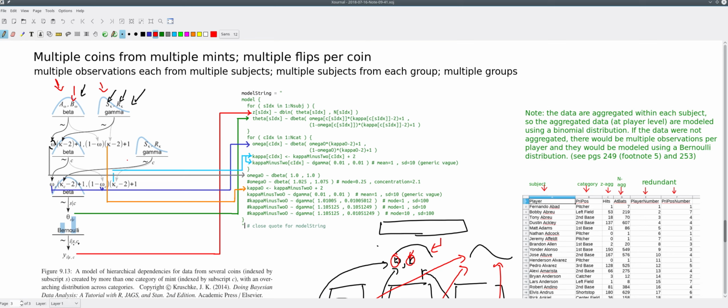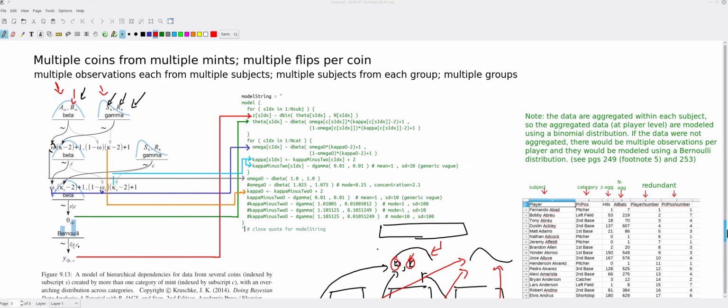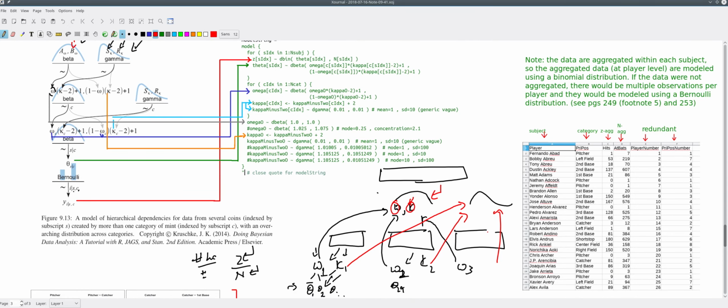So why do we have so many levels? What is the idea that we are trying to capture? The idea that we are trying to capture is that, firstly, the ability to hit varies across players.